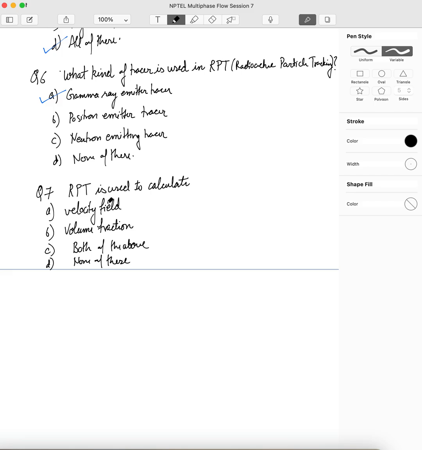So radioactive particle tracking is just used to calculate the velocity field.